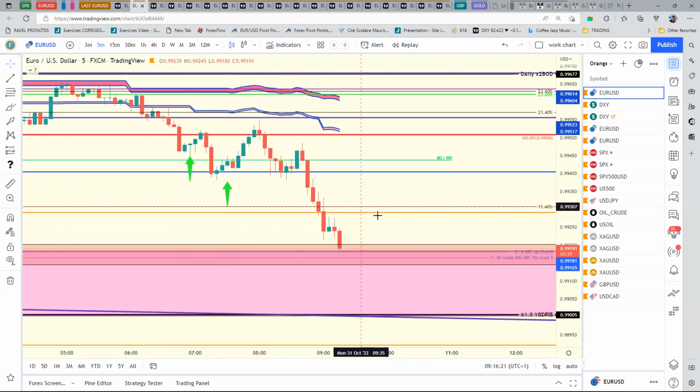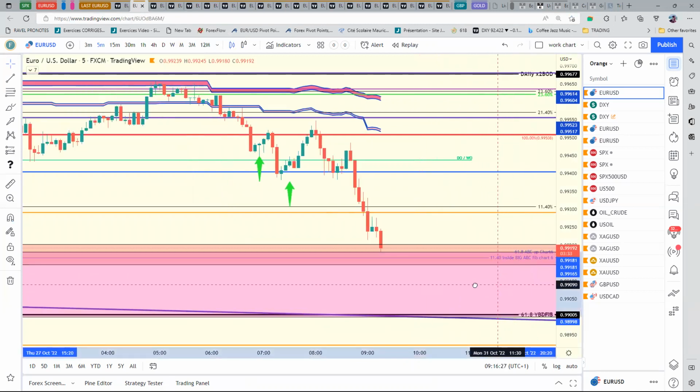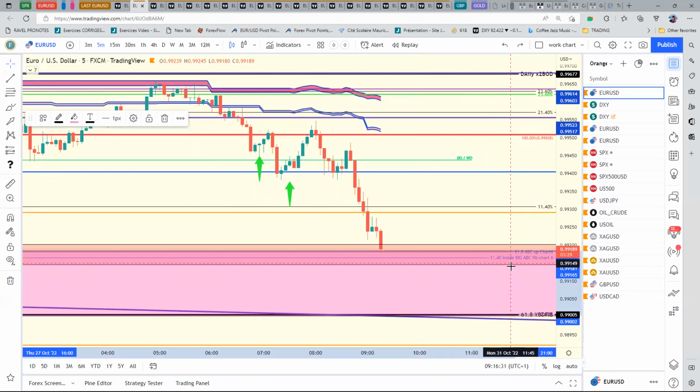So I go back to this big one. So look, we are just now touching the 61.8 of the ABC up. Oops, sorry, I moved it. I want to lock these charts, otherwise we will have to do the job again. So now we are looking at that.